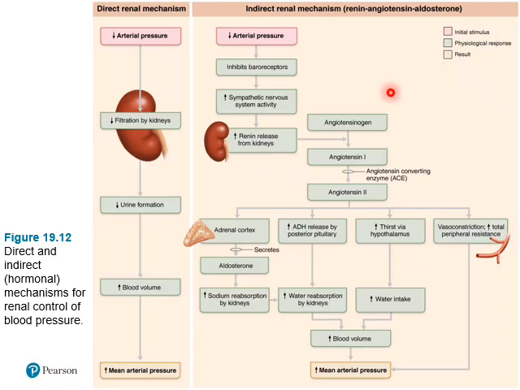Wow, that is very long, right? But the reason why it's very long is because you have these three different substances that are involved in the renal mechanism, which is the renin, the angiotensin, and the aldosterone. You're still missing one of them. You have angiotensin 1 and angiotensin 2. But we're going to get through them when we get into this.